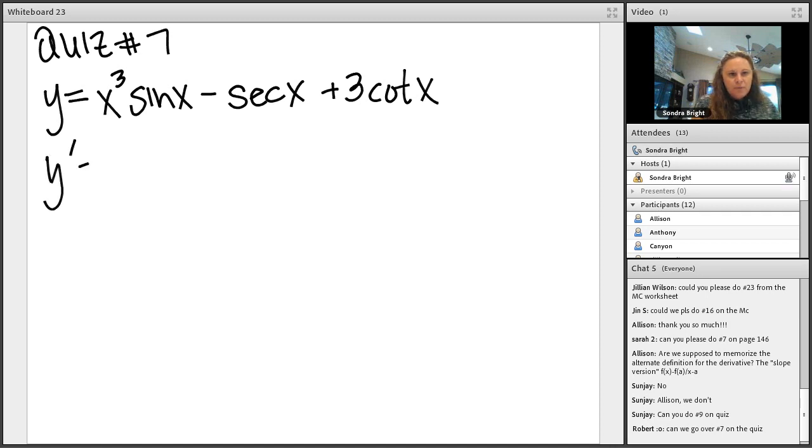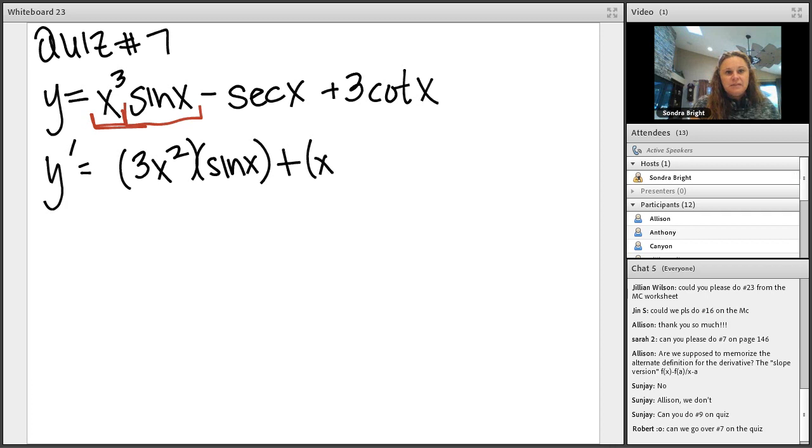Now the derivative y prime, you got to do product rule on this guy, x cubed, and then sine product rule. So I'll treat x cubed like the first guy. You got the derivative of the first times the second, plus the first guy times the derivative of the second. So derivative of sine is cosine. So this part here was just the red part. Then secant.